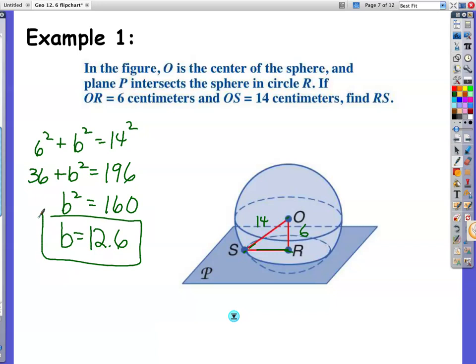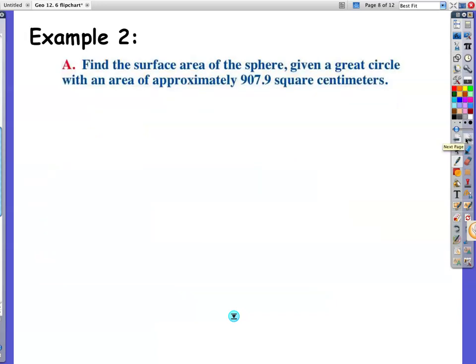Okay, example 2. Find the surface area of the sphere given a great circle with an area of approximately 907.9 square centimeters. So I've got a sphere, and I need to find the surface area. We know that's 4 pi r squared. The great circle, once again, if you take that Play-Doh, cut it in half, the part that touches the knife, or I use a piece of fishing line to cut that in half, that part that it touches is considered the great circle.